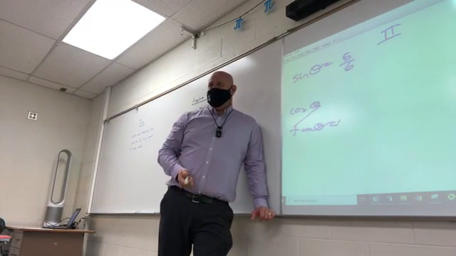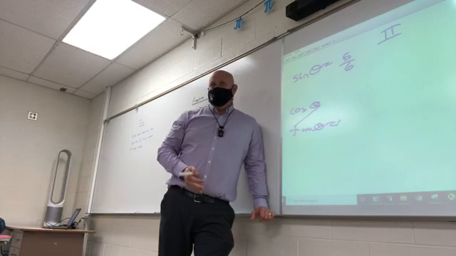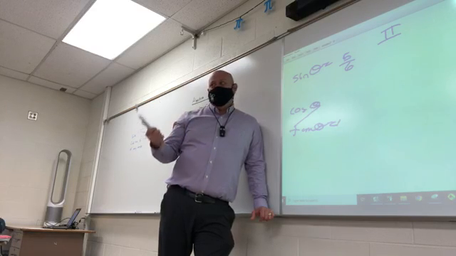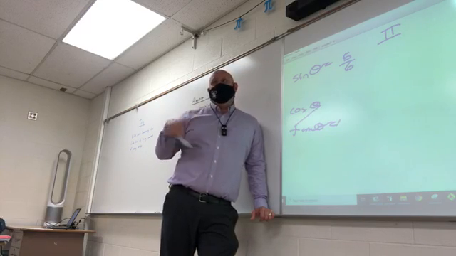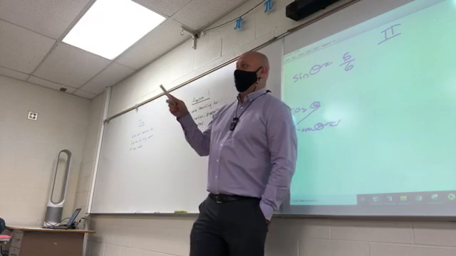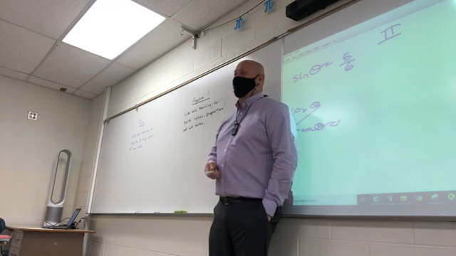All the X, Y, R stuff. Good with those? Sine is Y over R, cosine is X over R, tangent is Y over X. A lot of people on the quiz screwed up the tangent and had it X over Y instead of Y over X. So make sure you fix that.